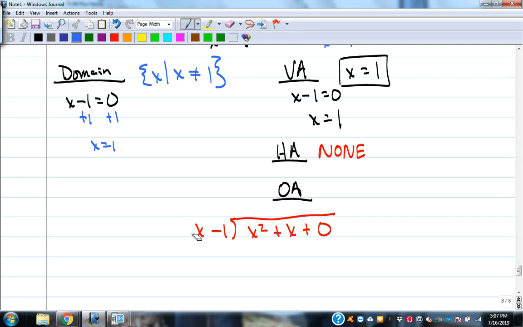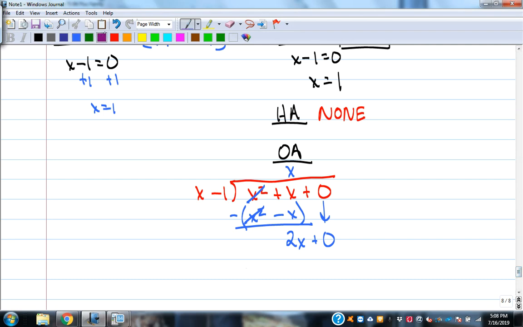What times x will give me x squared? X does. So I distribute that x. X times x is x squared. X times -1 is negative x. And I subtract that whole thing from what's above it. These cancel out. That's what I wanted to happen. X minus negative x is 2x. And then I bring this down. So plus 0.